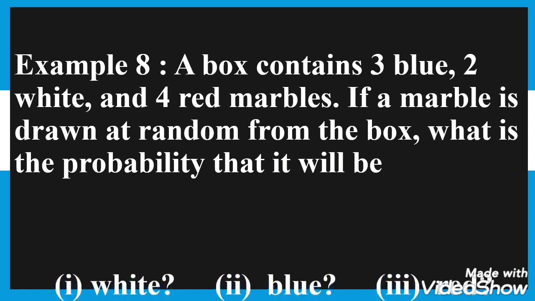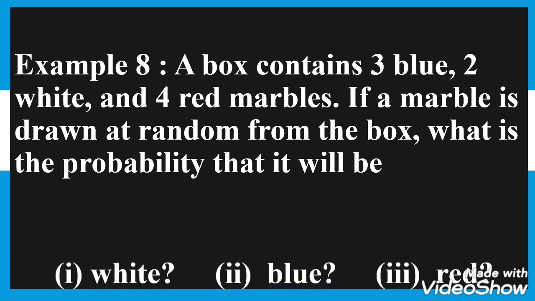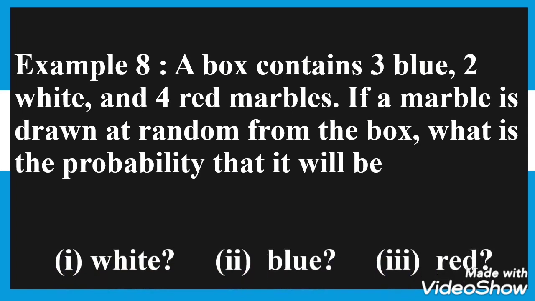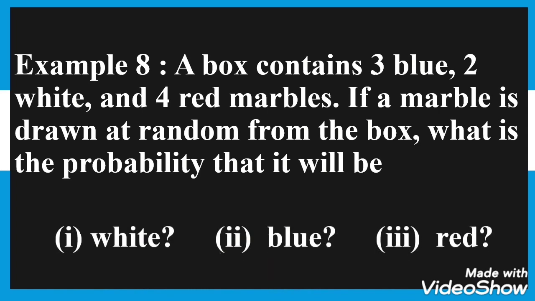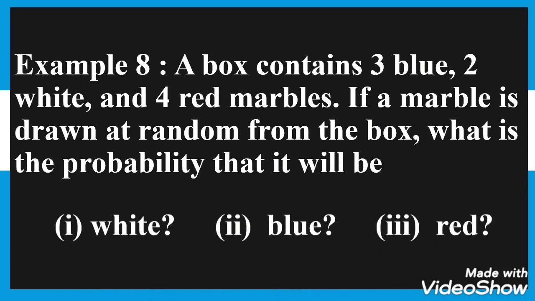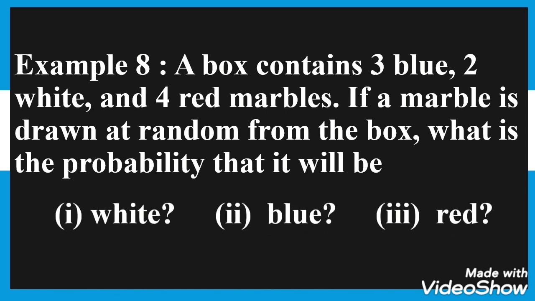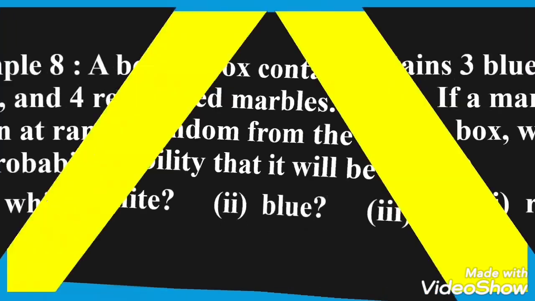It may be a blue marble, a white marble or a red marble. So 3 questions are given under example 8. One by one we have to find the probability for white, blue and red.